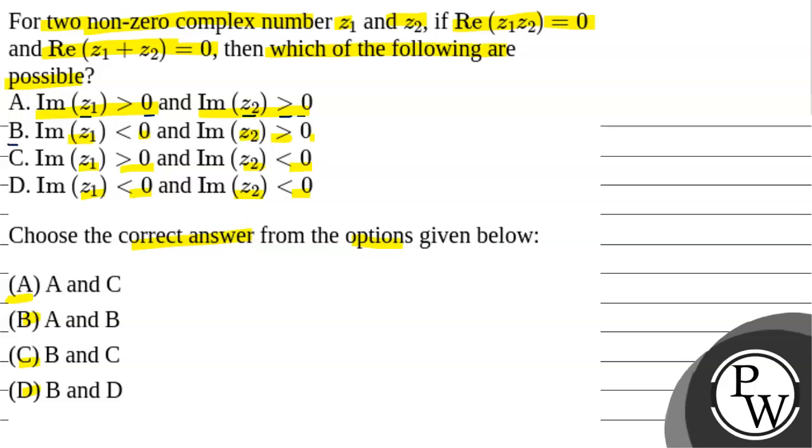Now if we talk about B, part में हमारे को दिया हुआ है कि imaginary part of z1 हमारा less than 0 और imaginary part of z2 हमारा greater than 0 है, जो कि possible है क्योंकि they have opposite signs, तो हमारा option B can be possible. And if you talk about C, again opposite signs are there, so C can be possible as well, but D is again not possible. तो हमारा answer, which says B and C, will be the right answer to the question. I hope you understood the question well. Best of luck.